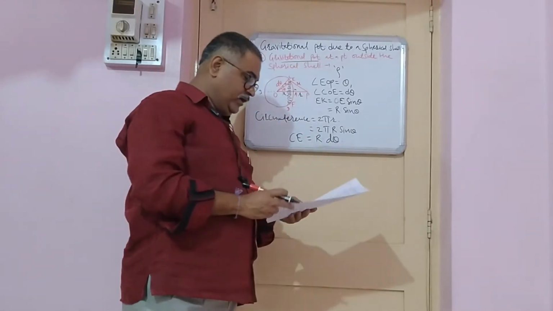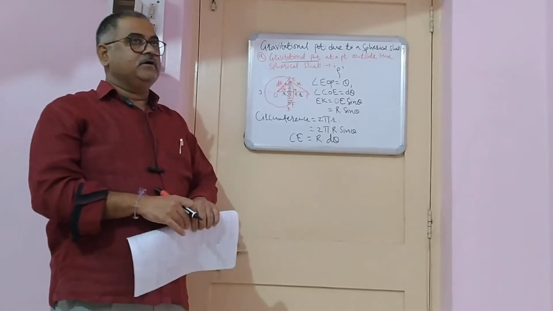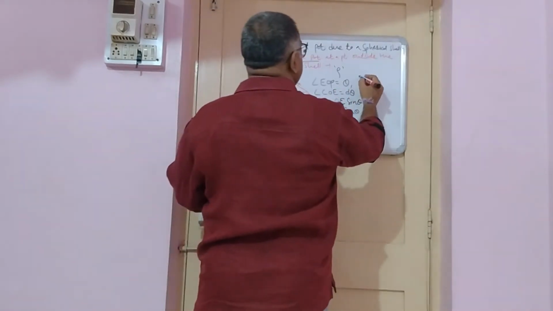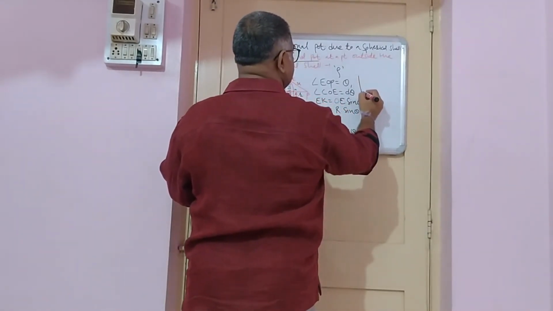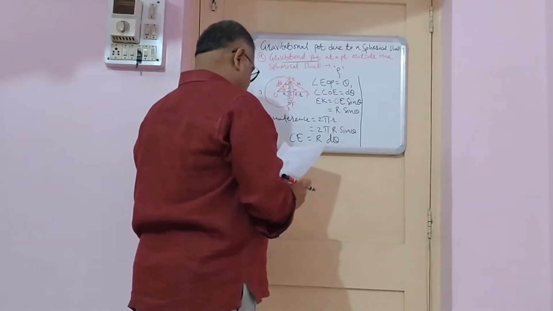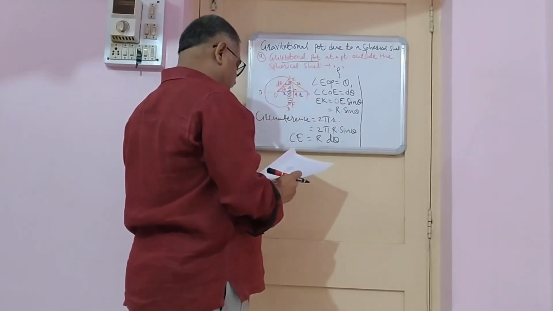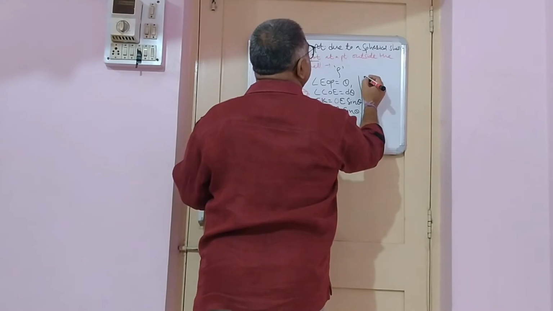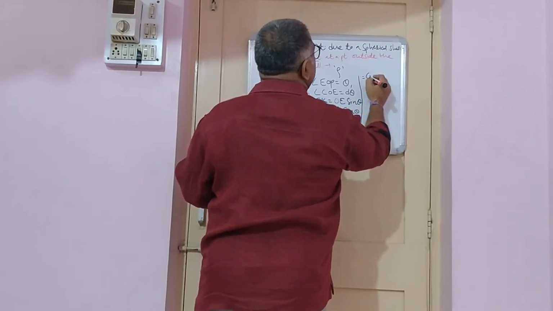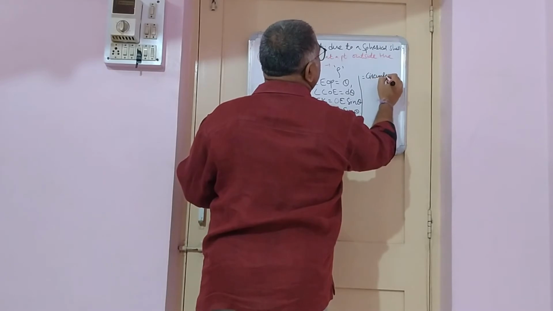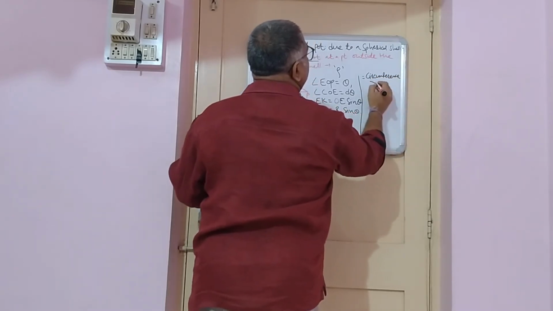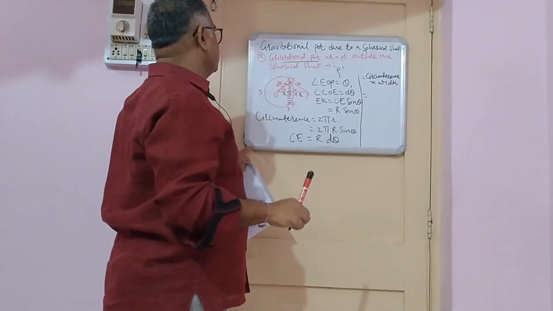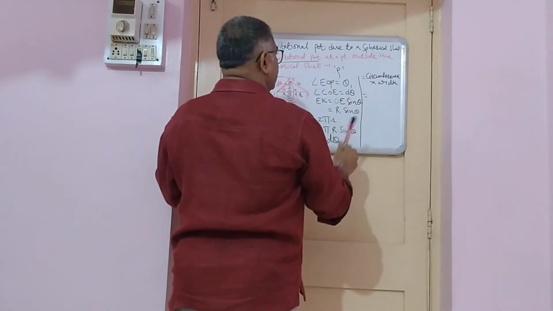Now we have to calculate the area of the slice or the area of the ring, and therefore we have to make some calculations. See now, the area of the slice is given by circumference into width. We know the circumference and the width.